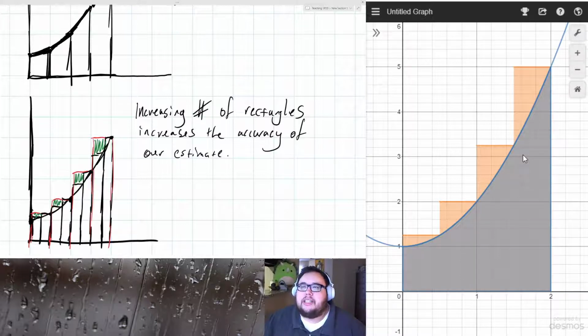So essentially the idea is that we shrink these rectangles until they have no width at all, and then our estimate becomes exact, right?